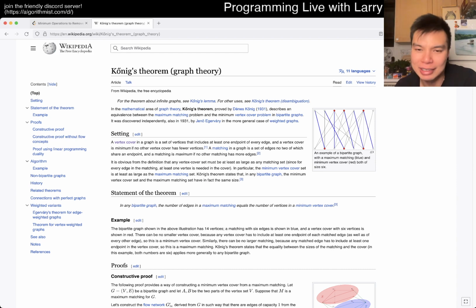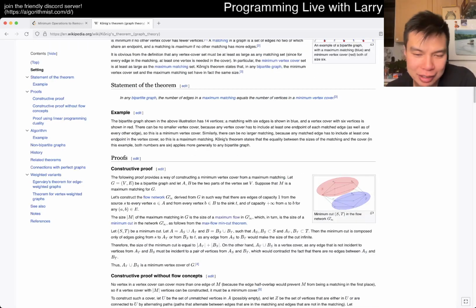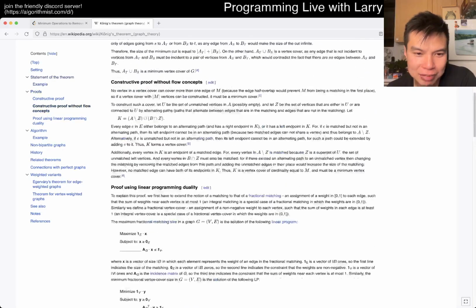I did know this one at some point, but I have not seen it in about 20 years. I know the maximum bipartite matching type thing, but not with respect to this particular application of minimum vertex cover for bipartite graphs, which is a really, really specific thing even for me.